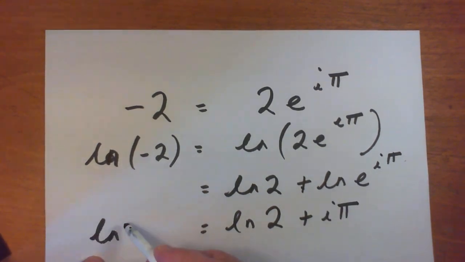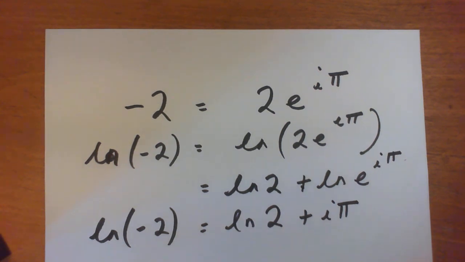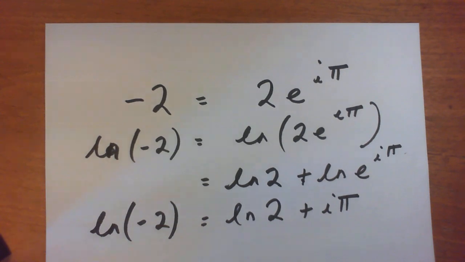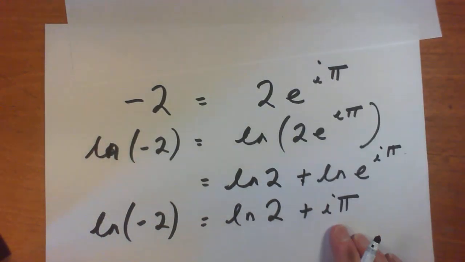So there you are. The natural log of -2 is the log of +2 plus i pi. So hopefully that's fairly straightforward to understand, just using A-level logic to derive that. And I can generalise that now.